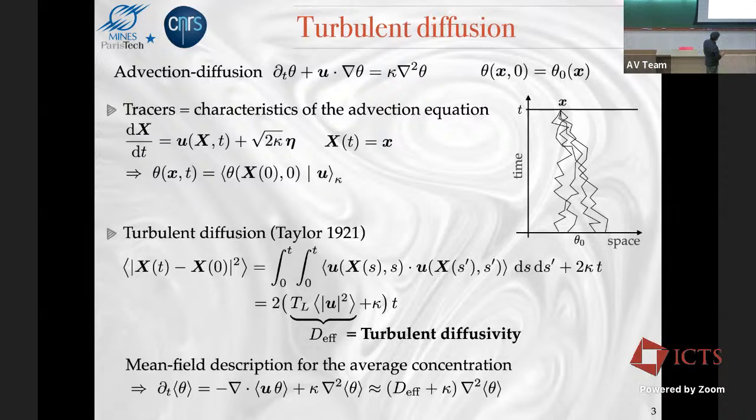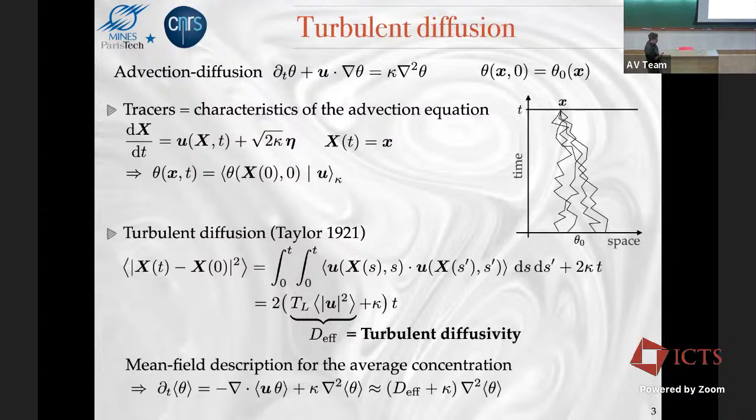Then at time 0, I have different positions, all these x0s, an ensemble of x0 corresponding to the different realizations of eta. And then for all these x0s, you know the initial theta. So then you make an average over this initial theta by fixing the velocity. Is that clear? Maybe you have to think about it.